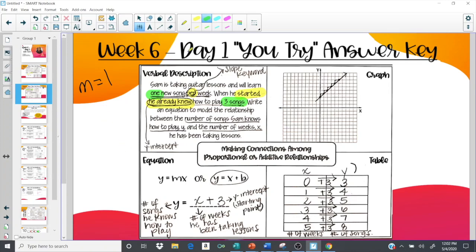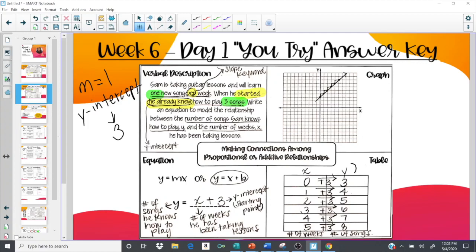Okay? So therefore, your y-intercept is equal to 3.